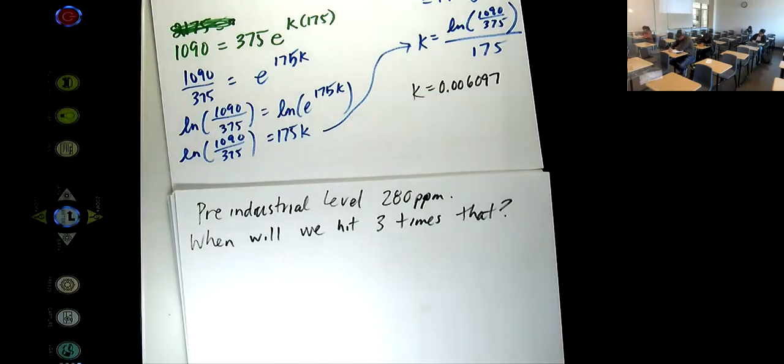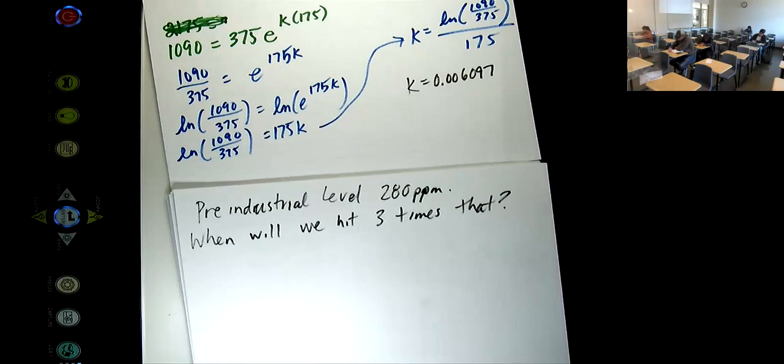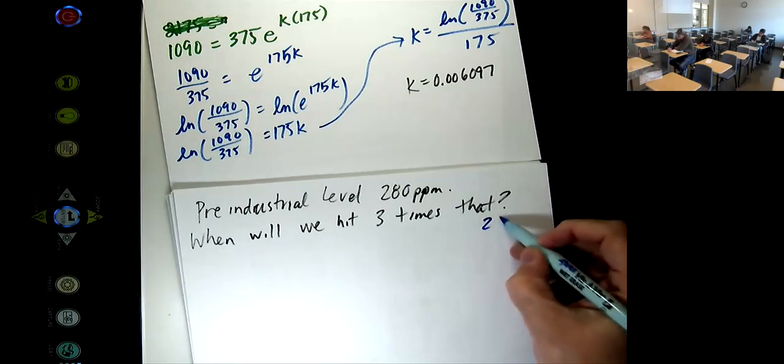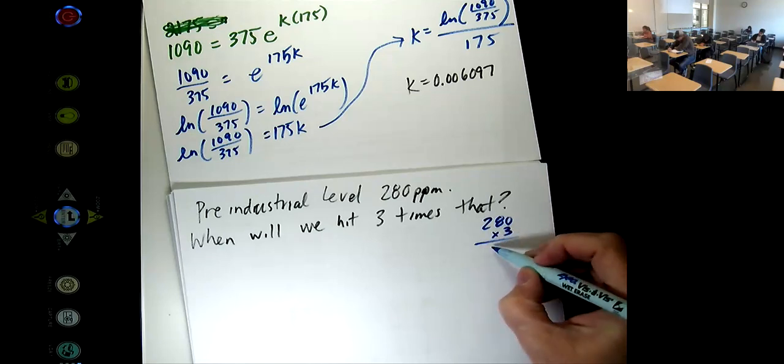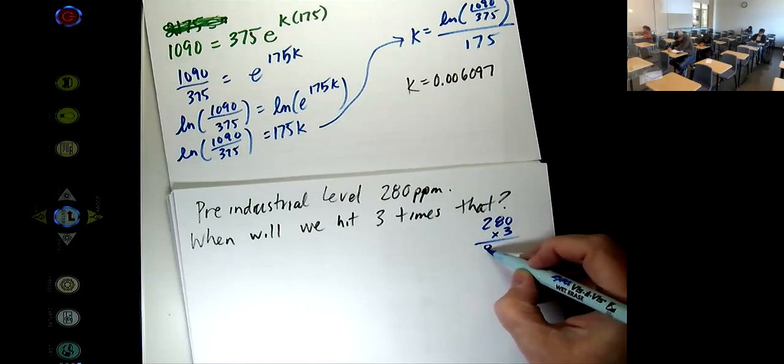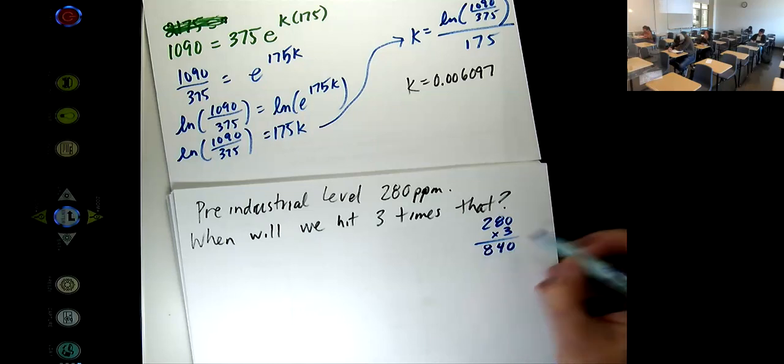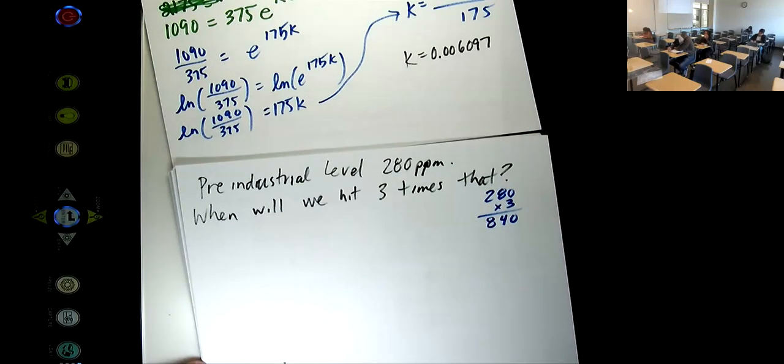Well, first thing we need to know is what is 3 times 280? 280 times 3 is 840. That's going to be my ending Y.